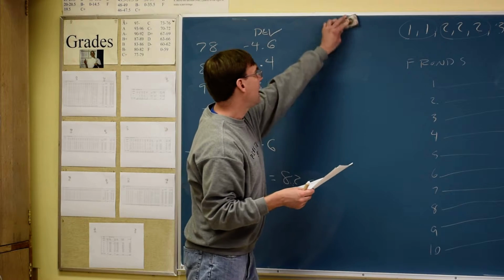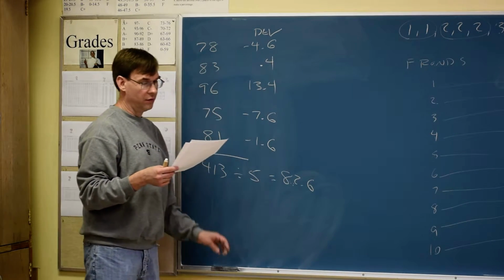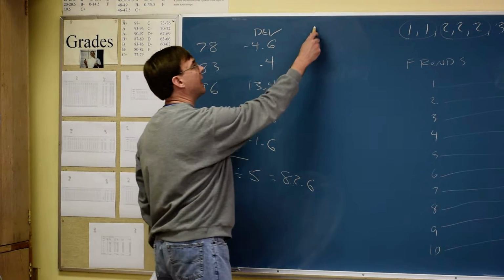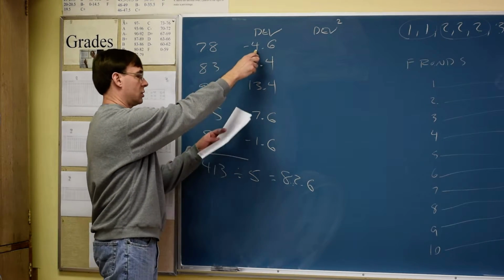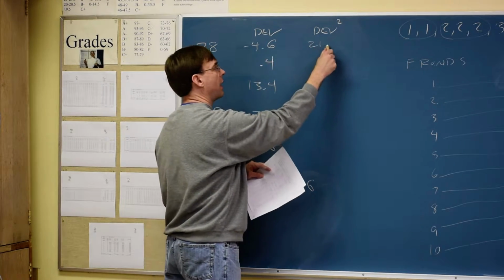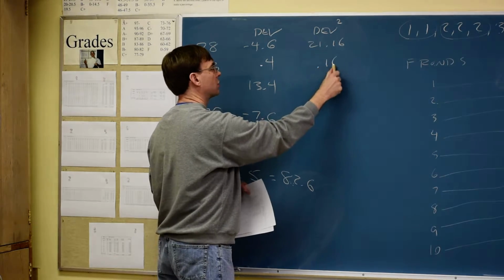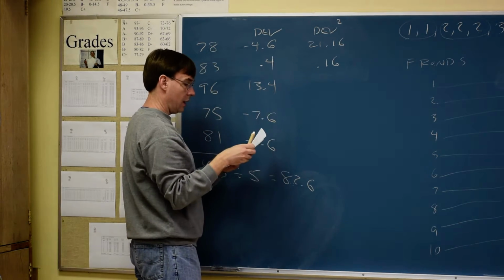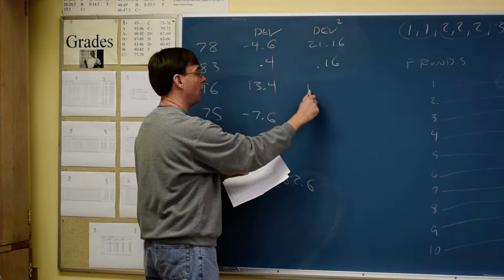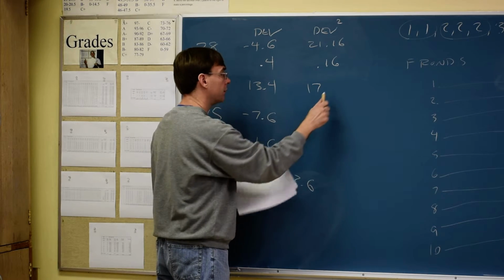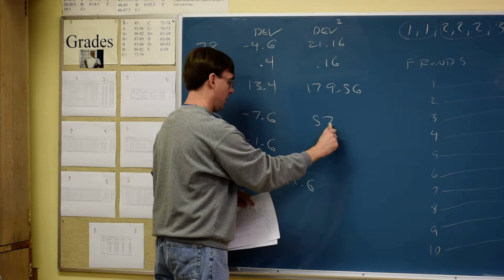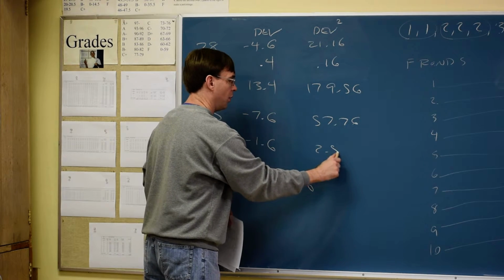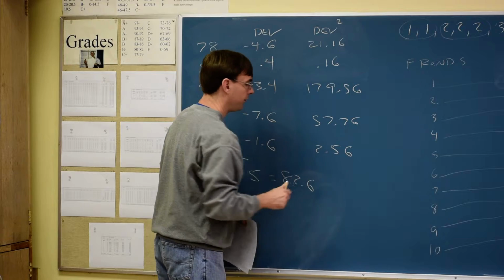To build the deviations up into the variance, we're going to need to take those deviations and square them. So 4.6 squared, 0.4 squared, 13.4 squared, 7.6 squared, and 1.6 squared.